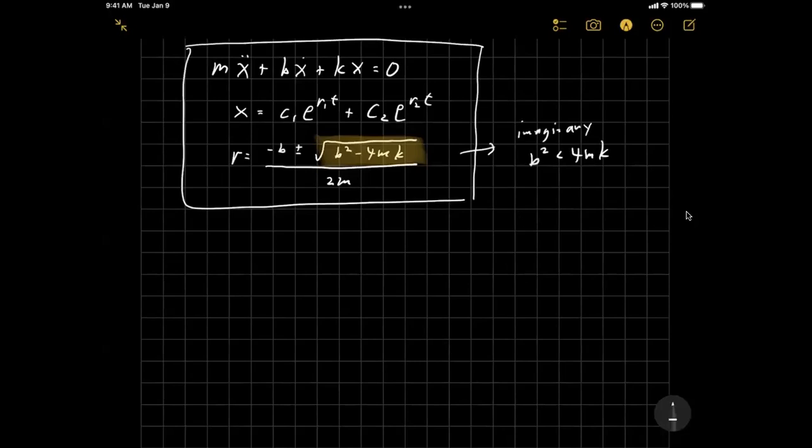To do this, it helps because once we start talking about oscillations, we'll want to talk about angular velocities. And we had a decaying oscillation, so we want to talk about a decay constant. So we're going to rearrange this r into negative b over 2m plus or minus, and then we're going to put the square root over the whole thing.